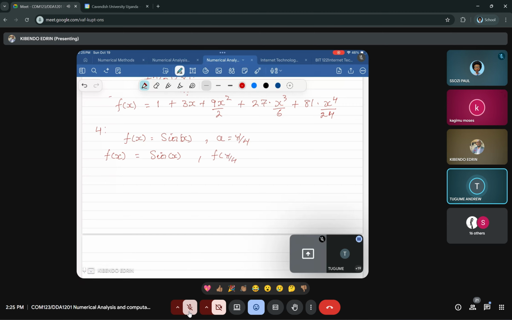So you substitute here. That is pi over 4, right? This is centered at a, which is pi over 4. So when we have the function here, we need to evaluate that function and then get the value. Now it is sin pi over 4. Someone can calculate and give us the answer.